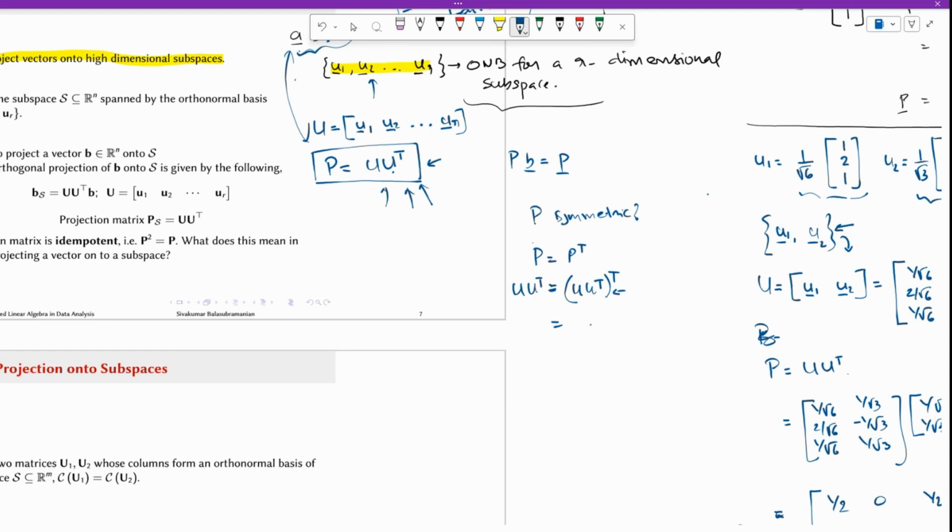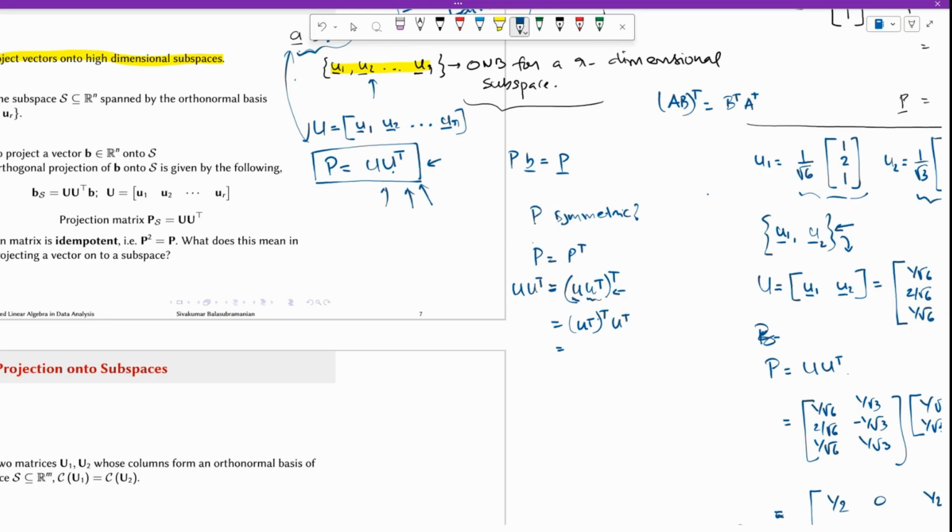What will be the first term? Just U, is it? If you have AB and you do the transpose, what do you get? The transpose of B times the transpose of A, right? That means this is A, U transpose is B. So it's not U first. It's U transpose whole transpose, then U transpose.